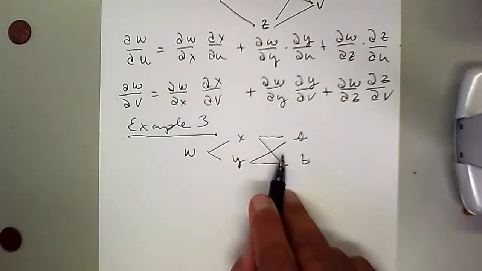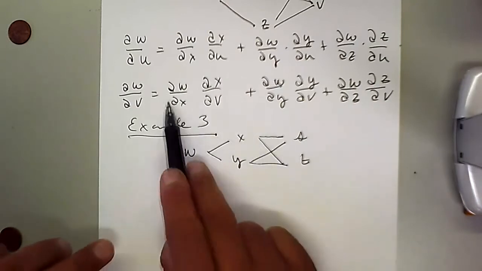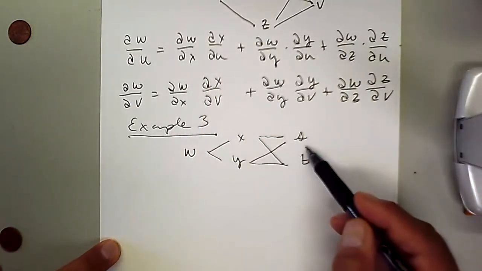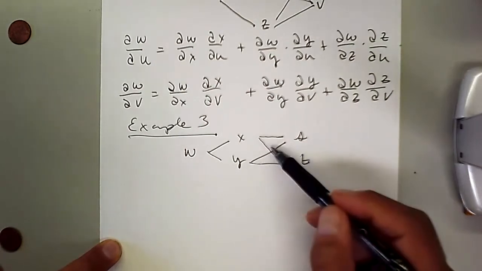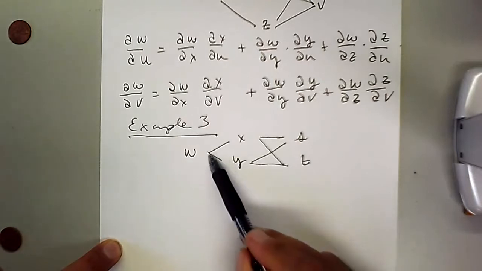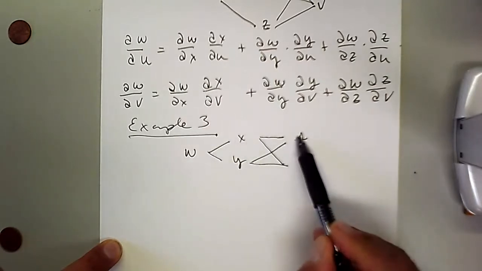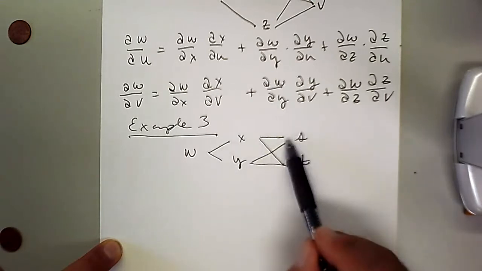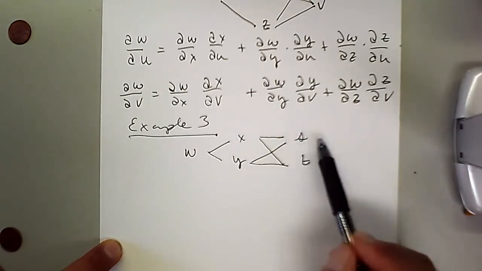That means that we're going to have terms that have 2 factors each, just like that one. And we're going to have how many paths to go from W to S? 1, 2. So that means we have only 2 terms.